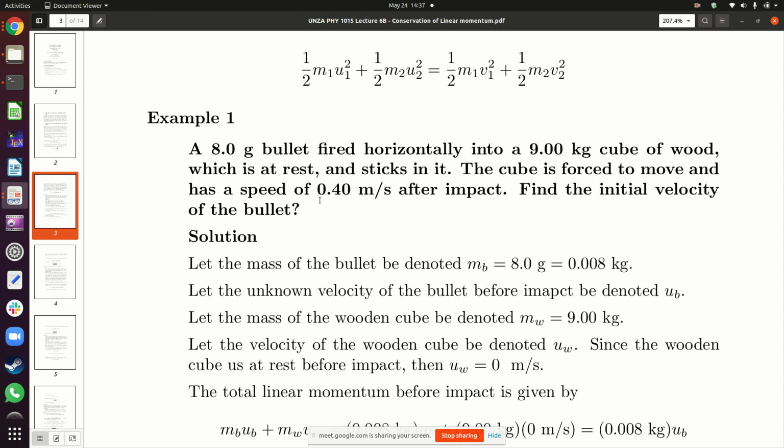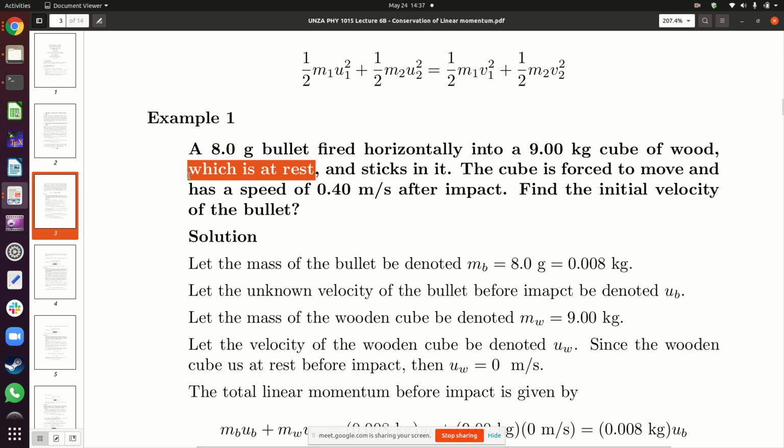Because there is no external force acting on any object, the velocity of each object is going to be the same. So this bullet, when it's fired from the gun, has a certain value of velocity which we are looking for. The bullet hits the wooden block, but before that, we are told that the wooden cube has a mass of 9 kgs and it is at rest.